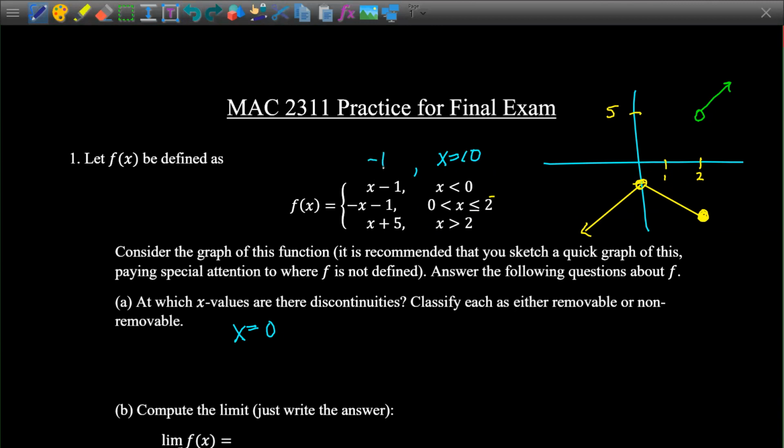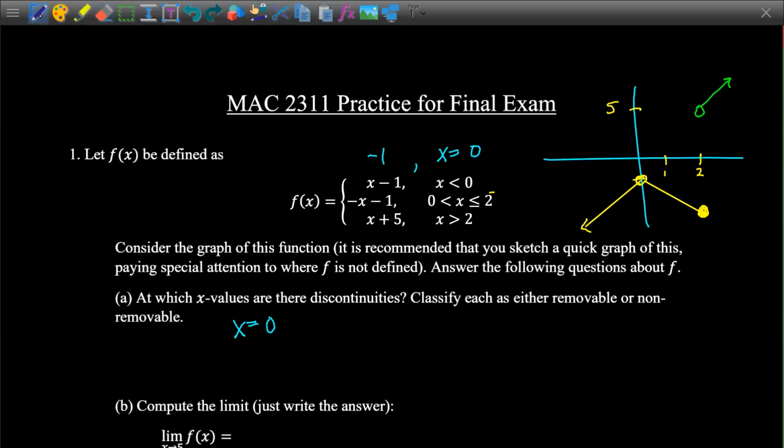-1 at x equals 0. And if we had that, then we would be able to fill that hole in, and then we would have a continuous function through that area there. So if we could do something like that, then it's called removable.